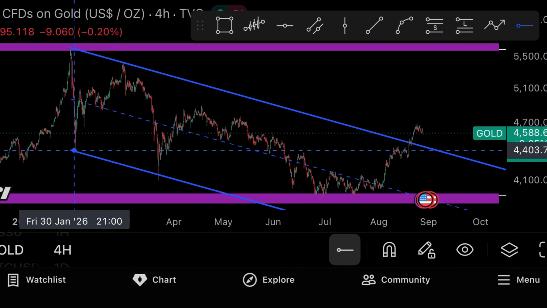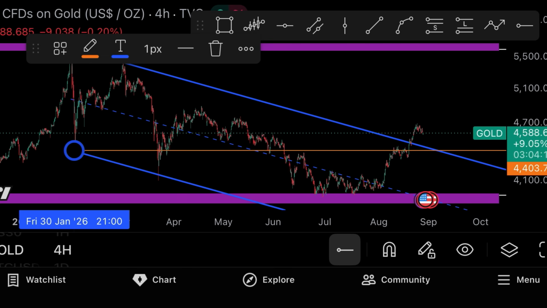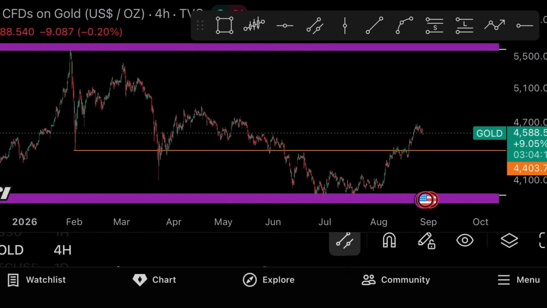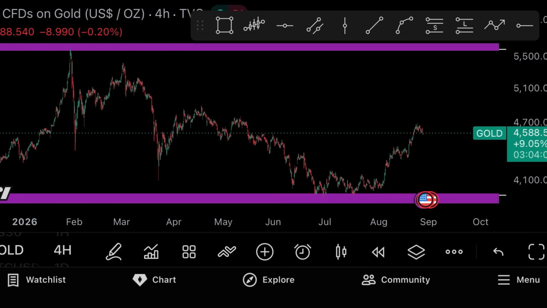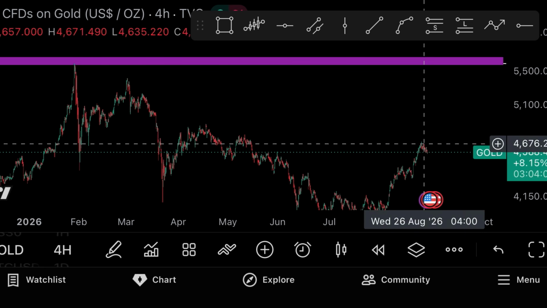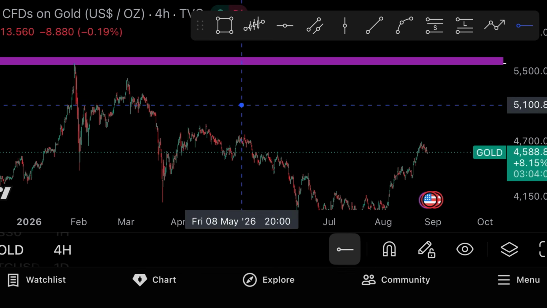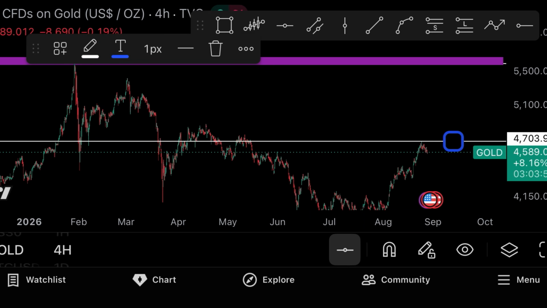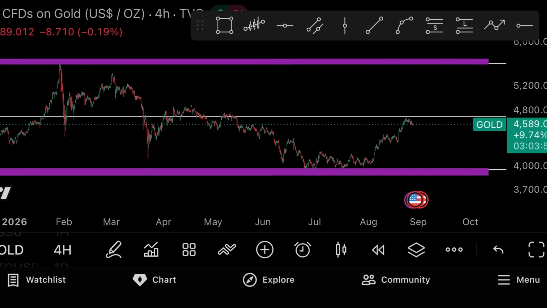Okay, just draw a line where price touched our trend line right here. Why do I feel like this is a very important high? I don't know why, bro. Let's just figure it out, because today I don't want to lose.